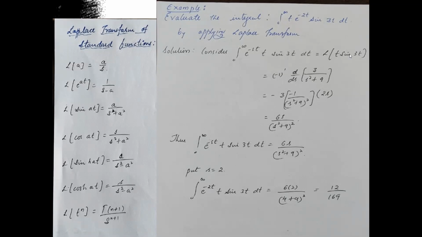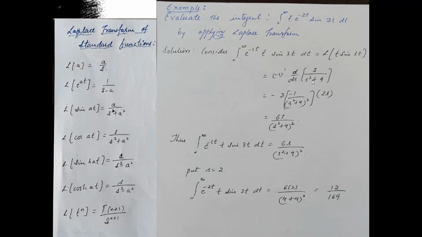Now we will evaluate this Laplace transform by taking it in the form of t raised to n into f of t case. Okay. Now the Laplace transform of sine 3t, by applying this formula, it is 3 divided by s square plus 9. Since the function is multiplied by t, we'll go for minus 1 raised to 1 into derivative of the function f of s, that is 3 divided by s square plus 9, minus, as 3 is constant, we'll keep outside.